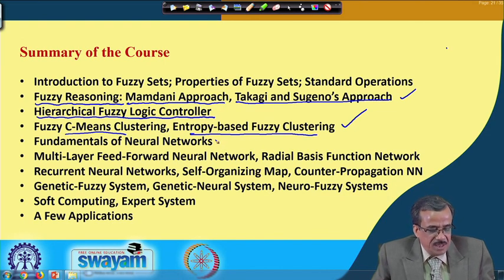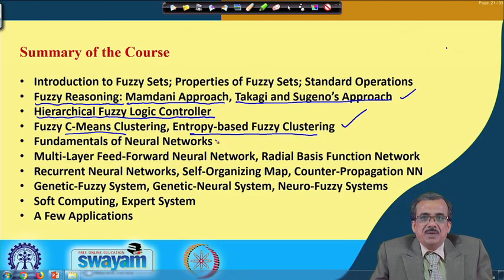Through this competition, we declare who is the winner, and surrounding that particular winner there will be some excited neurons and there will be some interactions, and through these interactions both the winner as well as his followers are going to learn, they are going to update their information, and ultimately you will be getting one network. That is the principle of unsupervised learning.